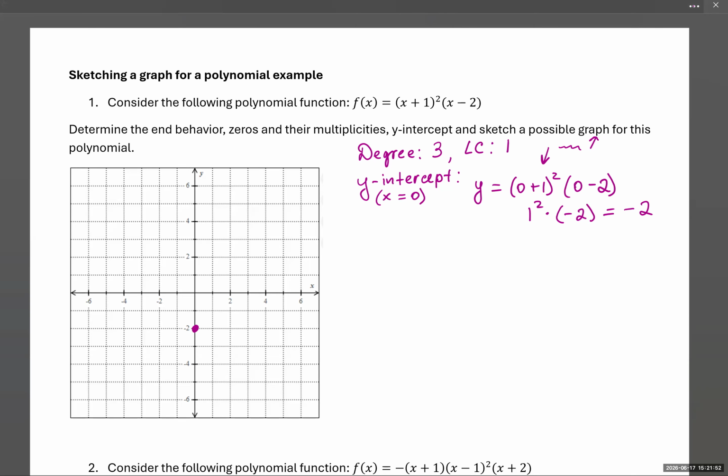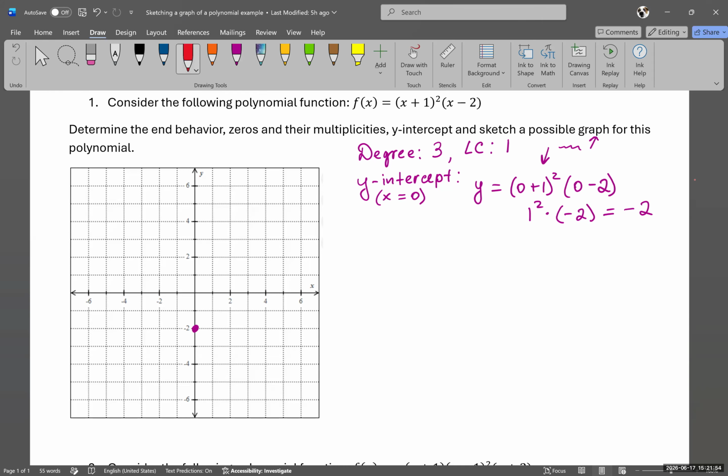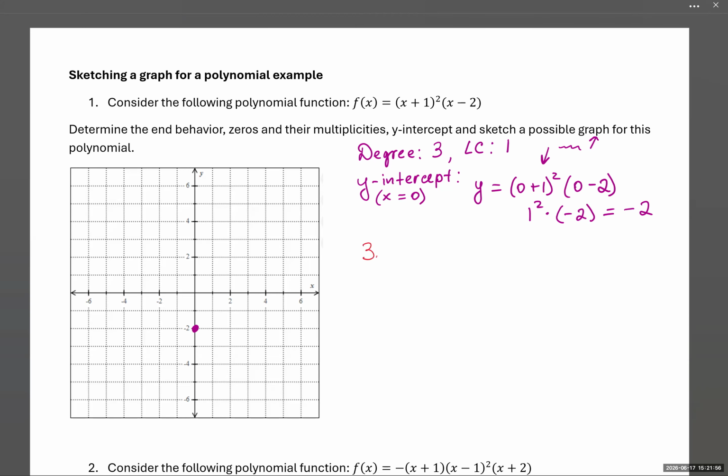Now let's look at the zeros for this function. (x plus 1) squared times (x minus 2) equals 0. So we'll go ahead and use the zero factor property to solve for x. x plus 1 equals 0, x equals negative 1. Now this parenthesis was squared, which means there's two of them, which means that the multiplicity on negative 1 is 2.